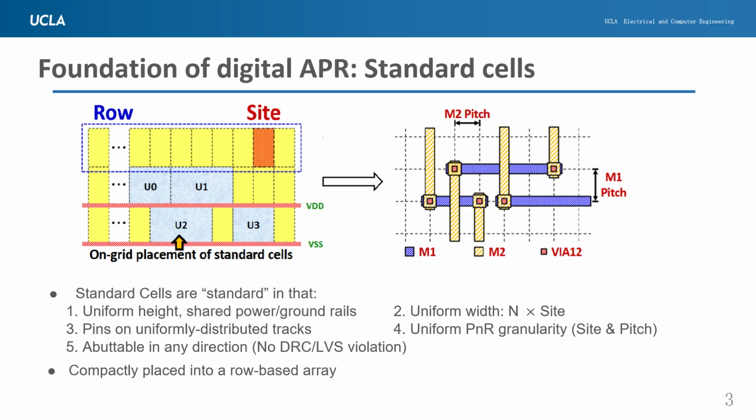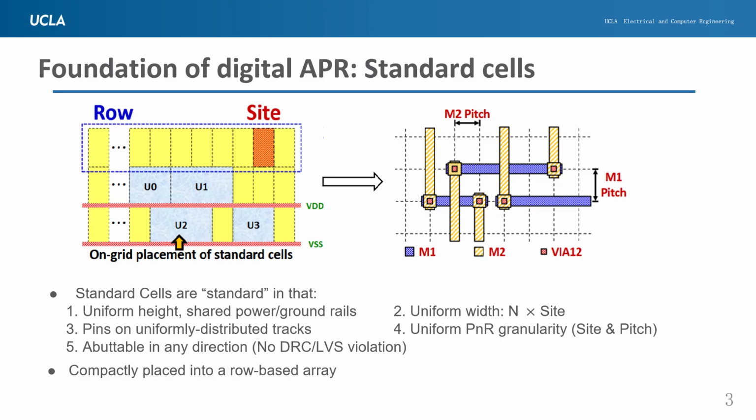And the fundamental reason why digital circuits have this automatic place and route capability is because they have standard cells. Standard cells are layout structures for fundamental logic gates, and they're called standard cells because they are standard in that they have uniform height, so they share power and ground rails when they are abutting horizontally. They have uniform width.